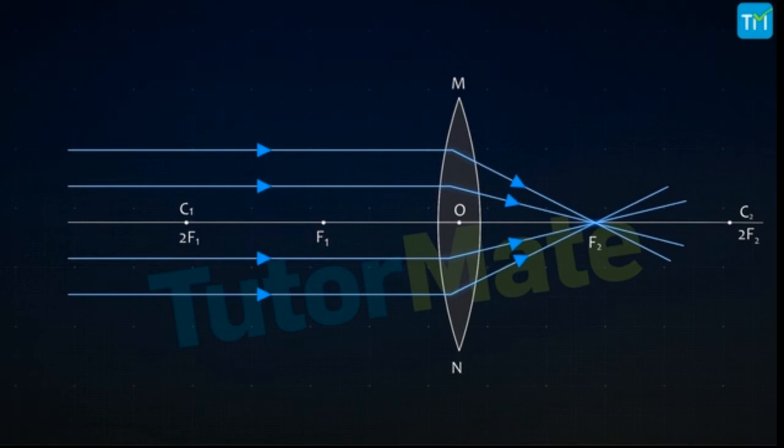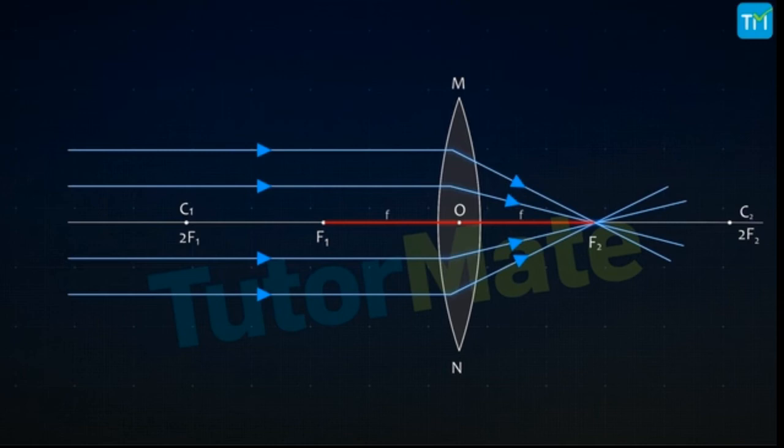This means that the lens has two foci, which are at equal distances from the optical center, and they are denoted by F1 and F2. And the distances OF1 and OF2, which are equal to each other, form the focal length of the lens, denoted by the small letter f.